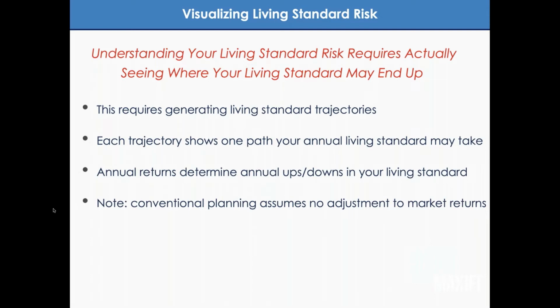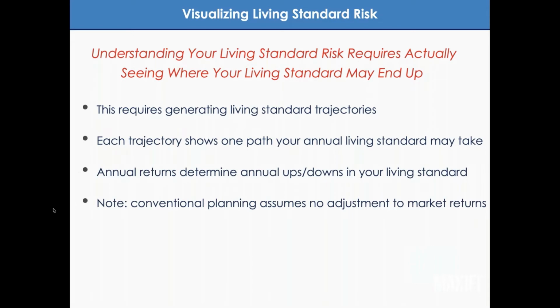But that doesn't make any real economic sense, and it's certainly not what economics predicts people would do, nor is it what people actually do when we look at what they do. Our software assumes that people make adjustments every year based on how well they do on the market. And that's why we get this variability over time in the household's living standard, and that's a trajectory.